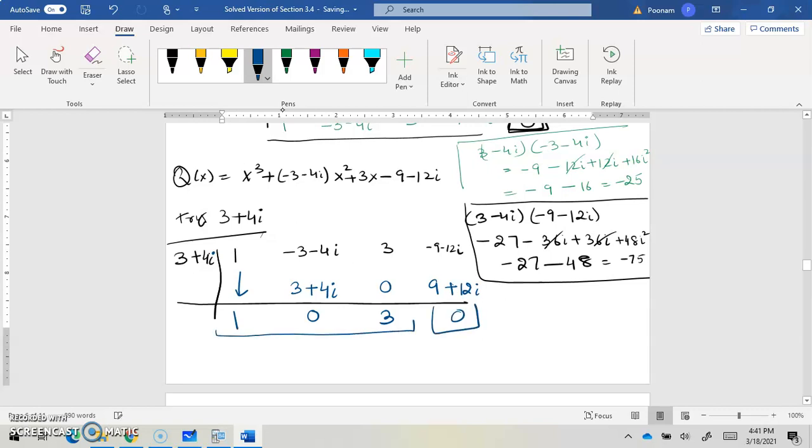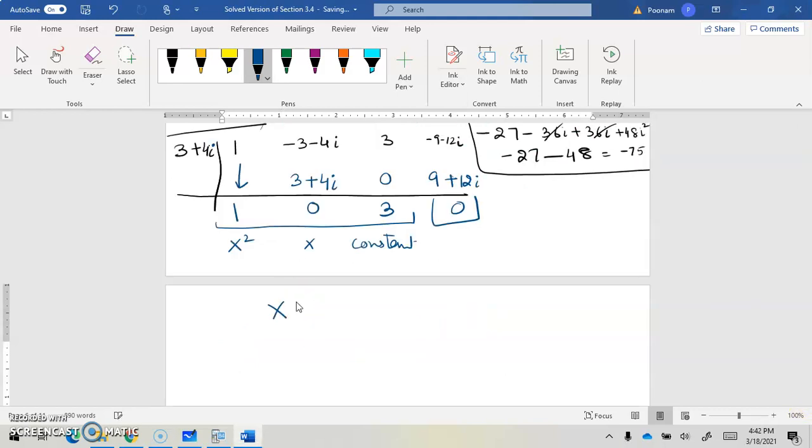So now the reduced polynomial will be of degree 2. So x square, x and constant. That means the reduced polynomial left is x square plus 0 times x plus 3 equal to 0. And from there I can find the zeros easily. X would be plus minus square root of negative 3. Now normally for real numbers, the square root of a negative is not a real number, but we can define it as a complex number.